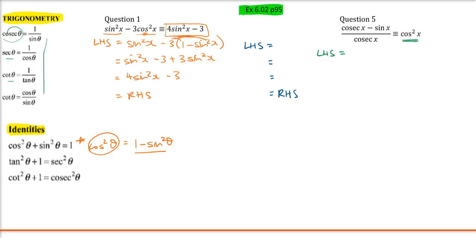So, actually before that, I'm going to break that fraction up. Cosec x over cosec x minus sine x over cosec x. I'm just splitting up a fraction there.